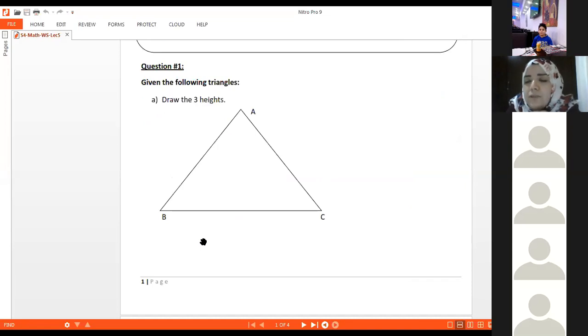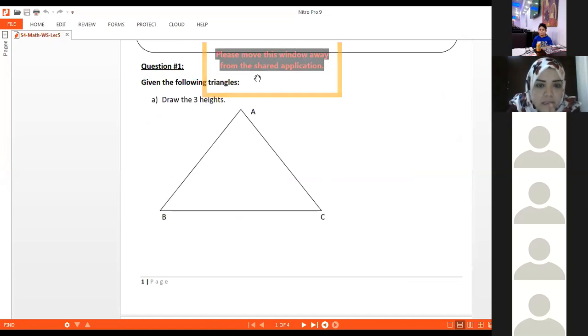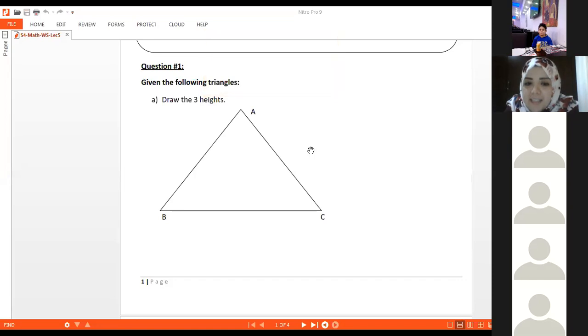If I want to define the height, what can I say? It's a segment drawn from the vertex perpendicular to the opposite side. Excellent. Okay, so the height is a line drawn from the vertex perpendicular to the opposite side.